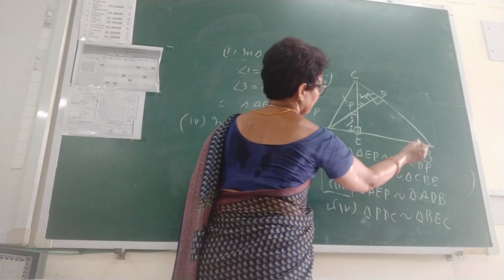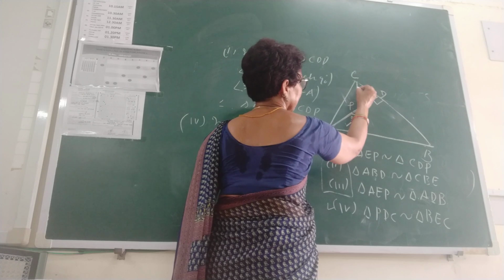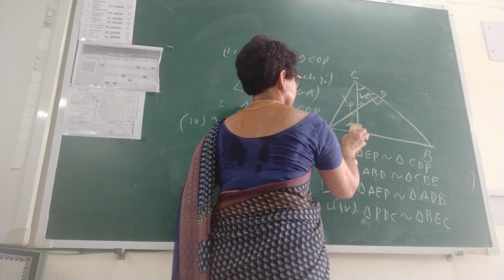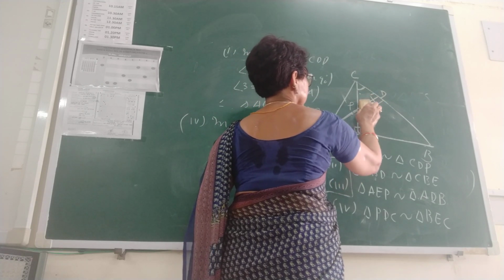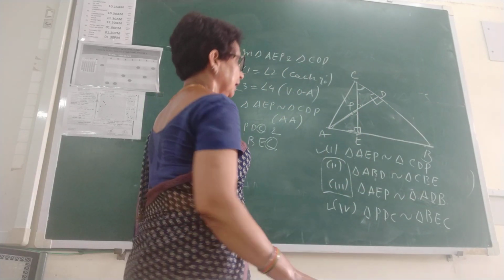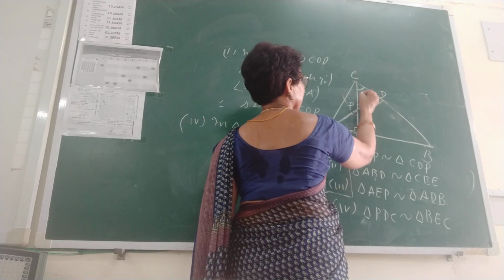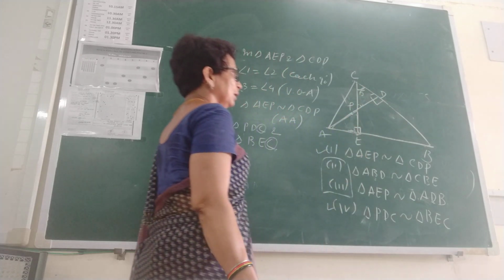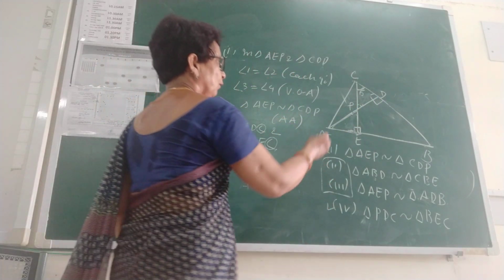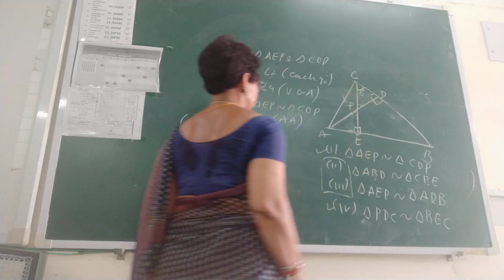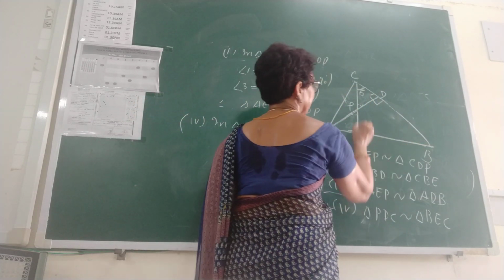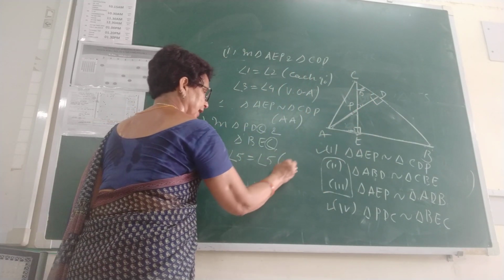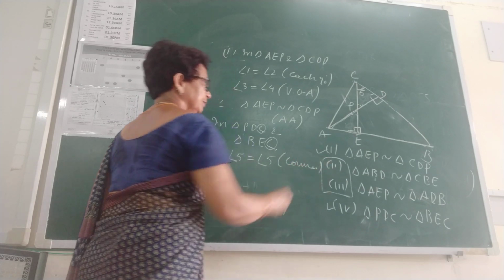In triangle PDC, four angles we have already taken. I will take here angle 5. So angle C I am taking as 5. So for triangle PDC, angle 5 is there, and for triangle BEC, angle 5 is there. Therefore angle 5 equals angle 5 by common.